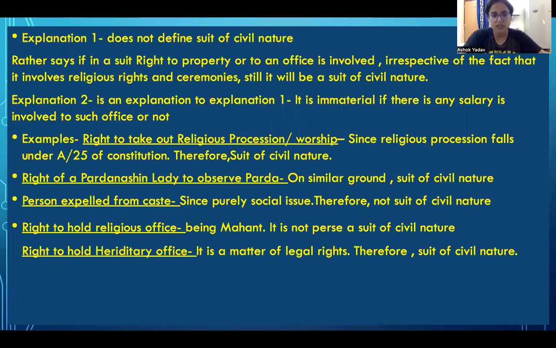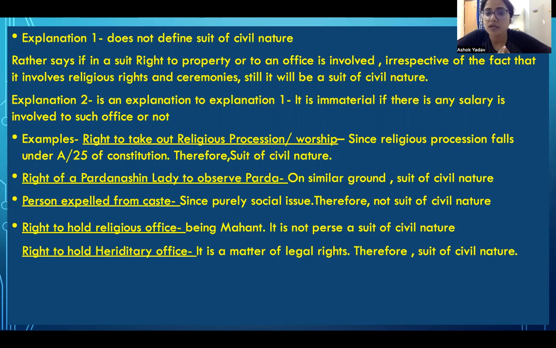That is, if there is a dispute related to the right to office or right to property, but along with this civil dispute some social, legal, religious issues are also involved, then also it will be a suit of civil nature.